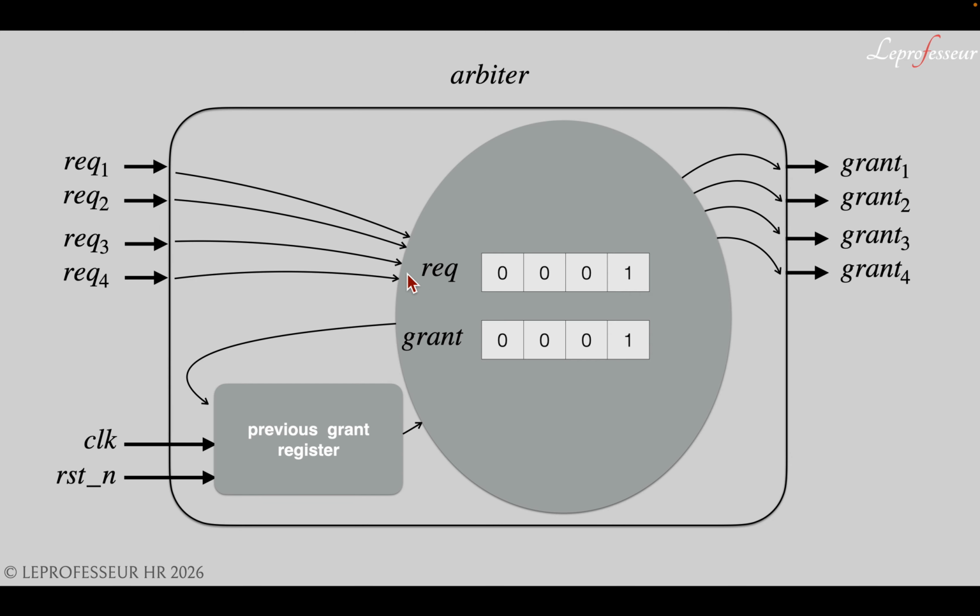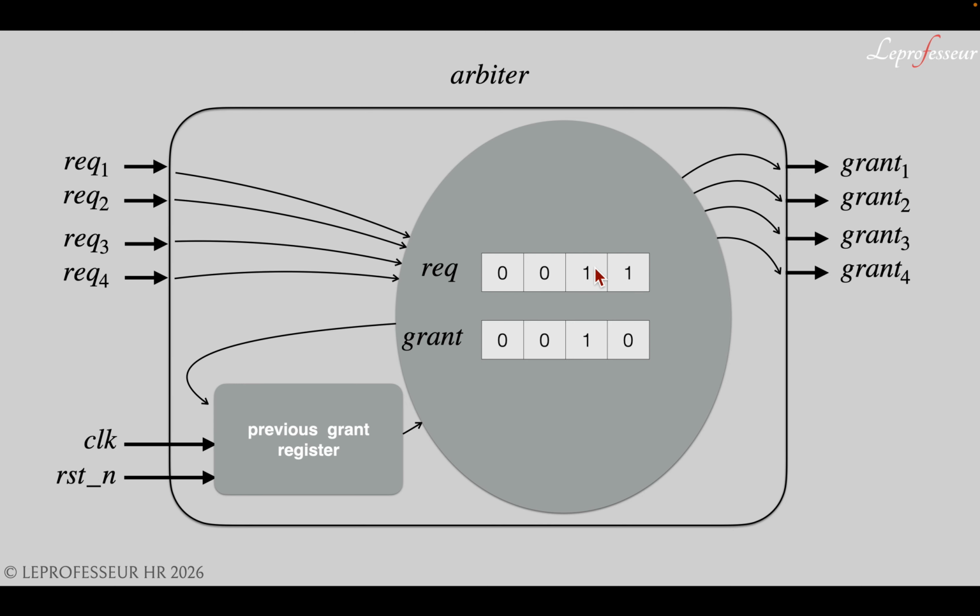Let's again think in a very simplistic way. Let's put all the requests into a 4-bit variable, and the grant into a 4-bit variable. Here, no requester other than requester first is requesting, so we give a grant to requester first. Now what happens if requesters first and second come together?